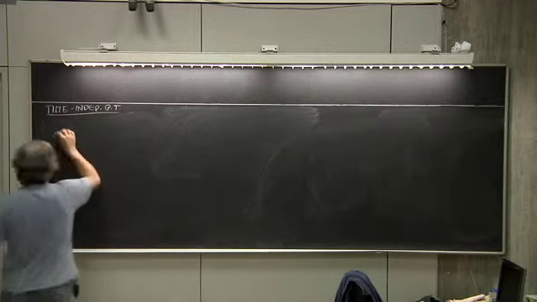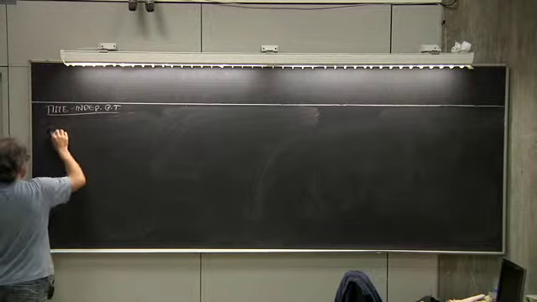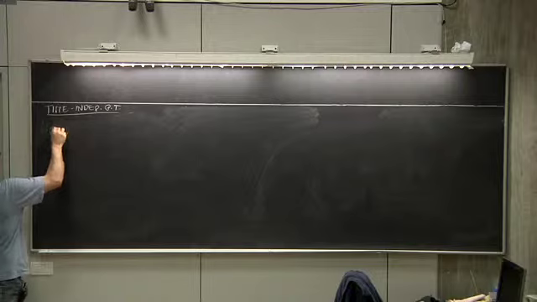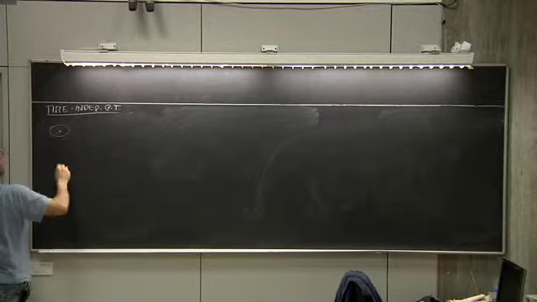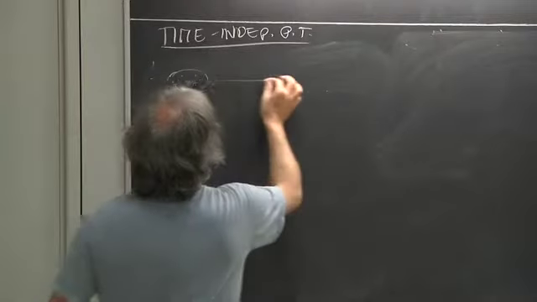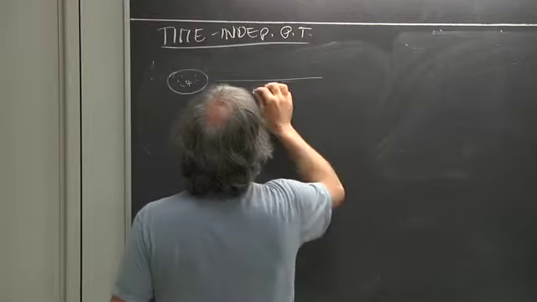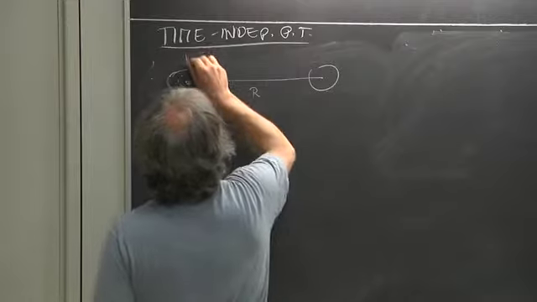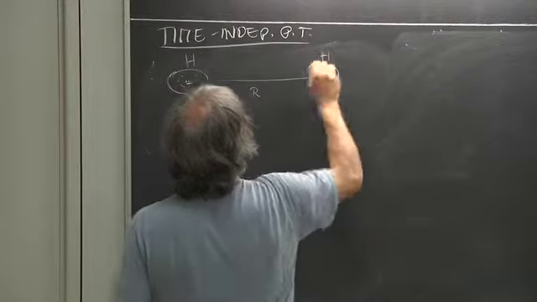So the problem is the following. I have an hydrogen atom here, okay? I schematize it like this, a proton, and the electron running by. And then at a certain distance far away, r, I have another hydrogen atom, okay? So this is hydrogen and this is hydrogen.